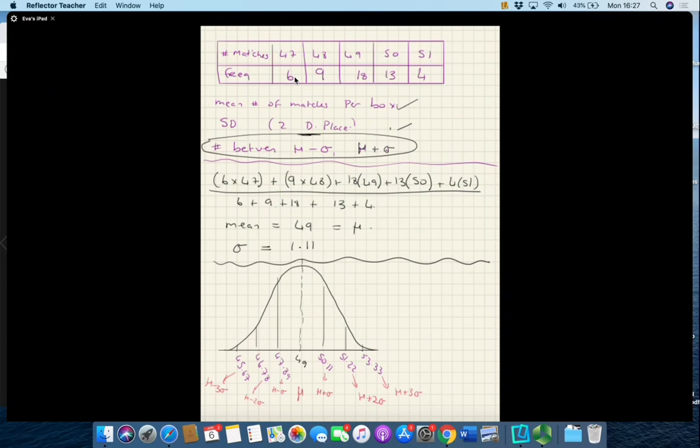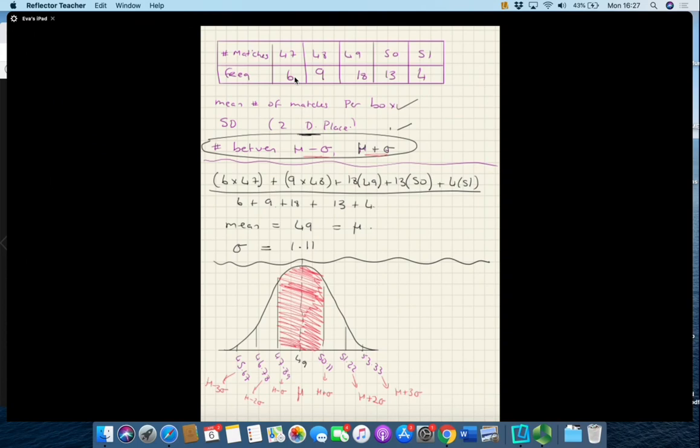But this is looking between mu minus 1 sigma and mu plus 1 sigma. So it's this area here. They're wondering how many boxes of matches are between 47.89 and 50.11. Now it's kind of hard to tell because of the decimal points, right?